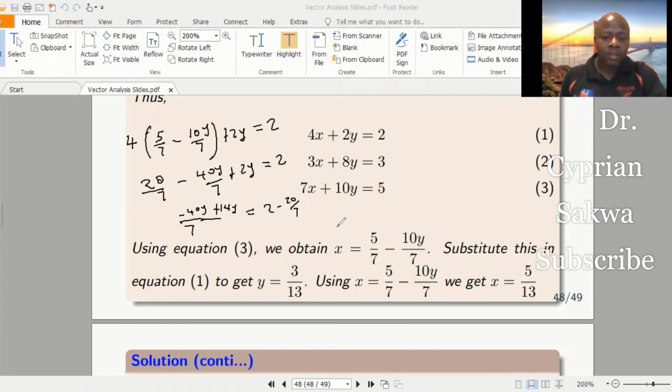So what do I get? On the left side, negative 40y plus 14y gives me negative 26y over 7. Now what about the right-hand side? The LCM is 7, and this will be 14 minus 20, that is negative 6.